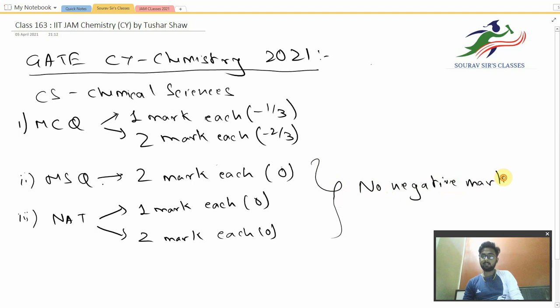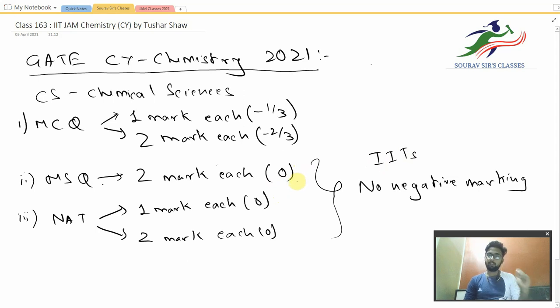I would suggest that whether you are giving the GATE exam, JAM exam or IIT JEE, any exam conducted by IITs, the papers have some questions that have negative marking and some that don't. The questions that do not have negative marking, you should attempt as much as possible.